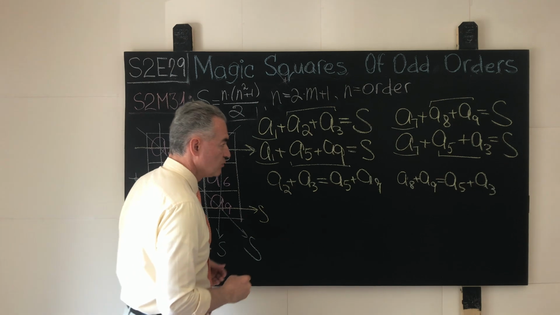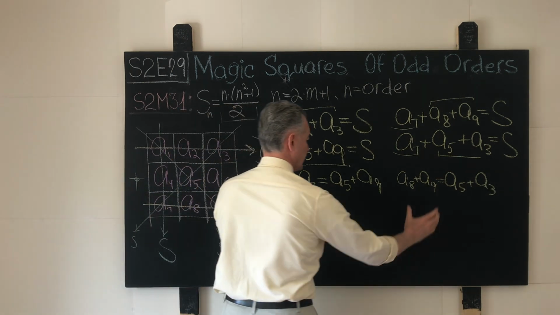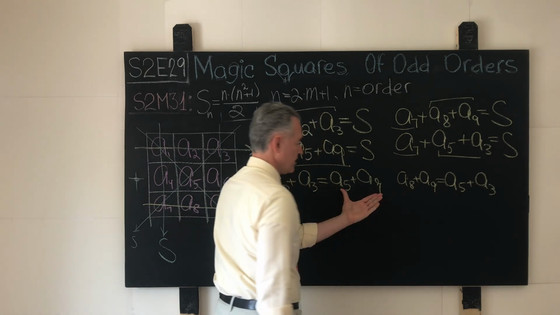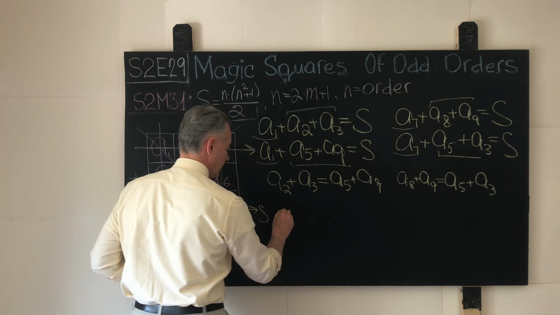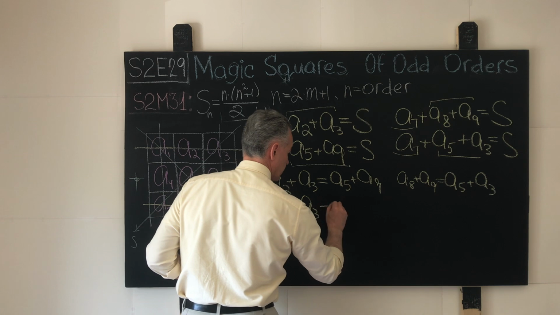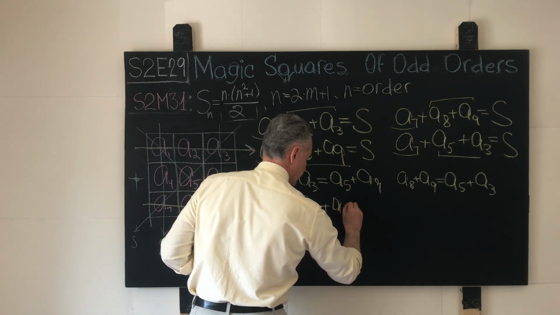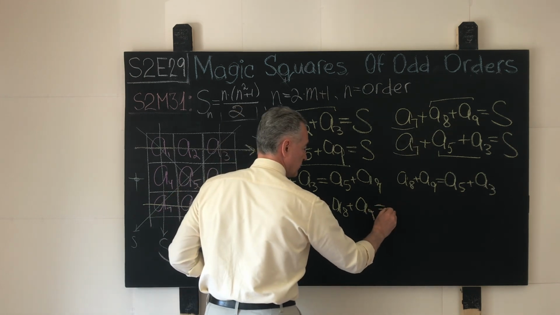So what do we do now? Well, we do the same thing. We add the left-hand side of this equation to the left-hand side of this equation and the right-hand side of this equation to the right-hand side. What do we have? Let's spell it out carefully. a2 plus a3 plus a8 plus a9 is the same as what?